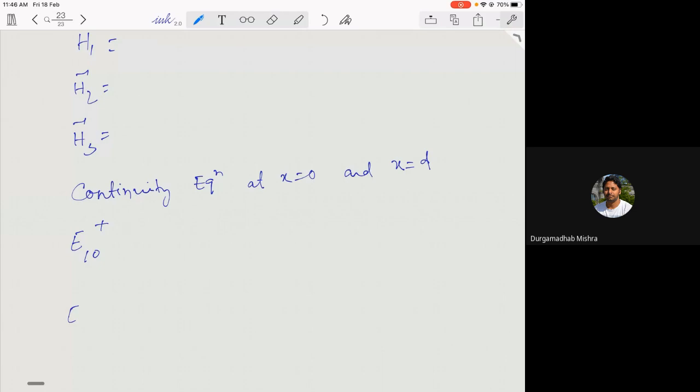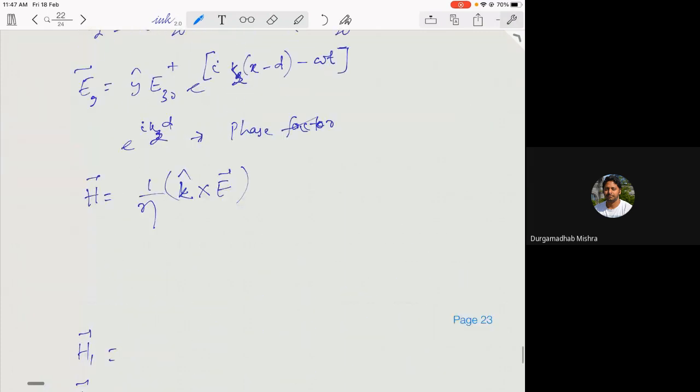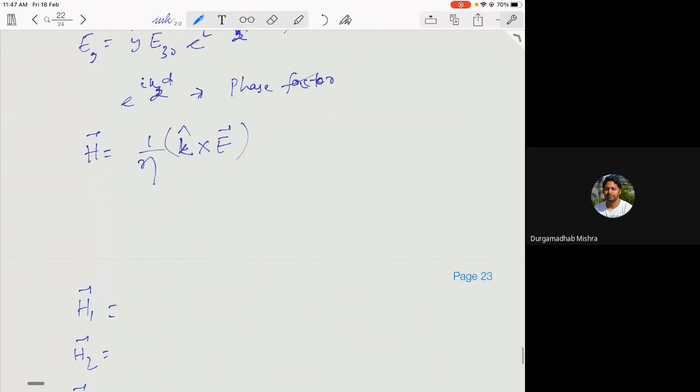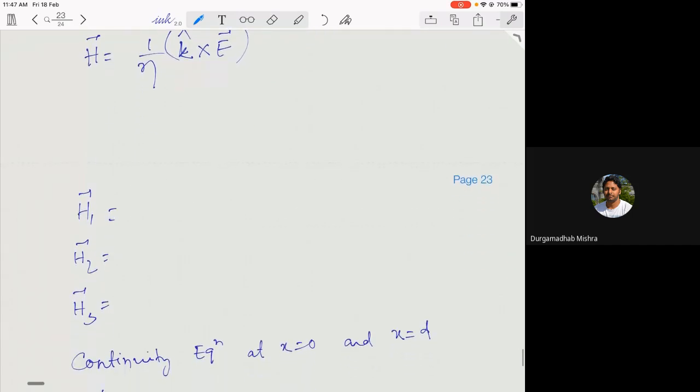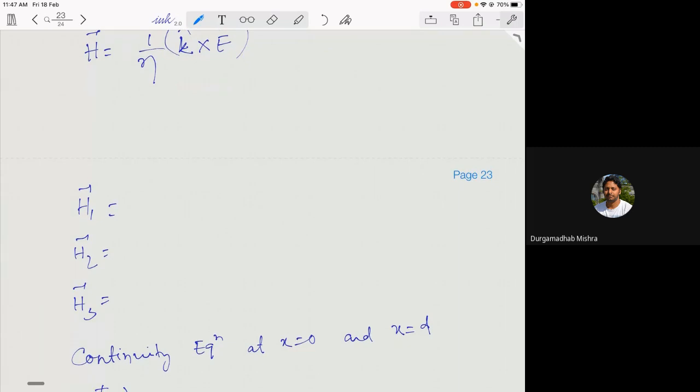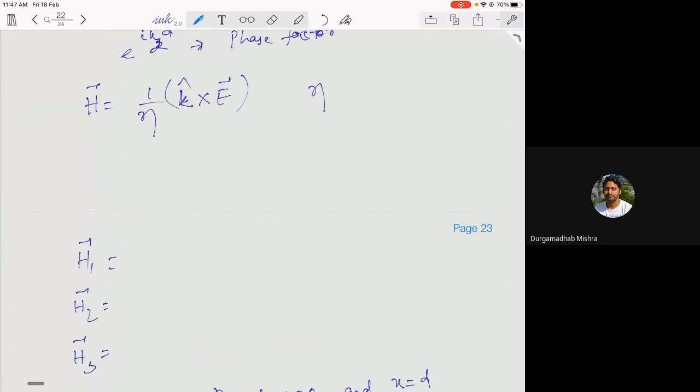E10 plus and E10 minus will be equal to, so here you have this eta 1 and eta, so for each medium you will have eta 1, eta 2, and eta 3. So that is different. And what is eta? Eta will be proportional to 1 by n, the refractive index of the material.